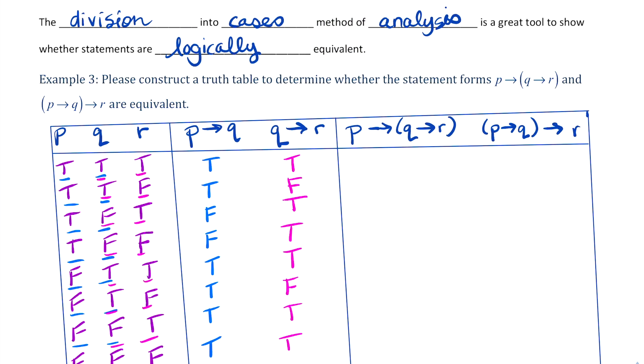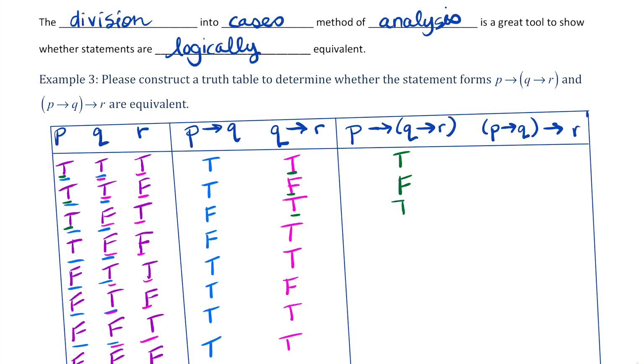All right. So now what we want to look at is if P, then if Q, then R. So true, true, true, true, false, false. That's when it's false, right?